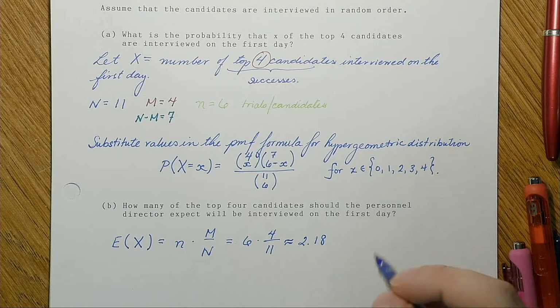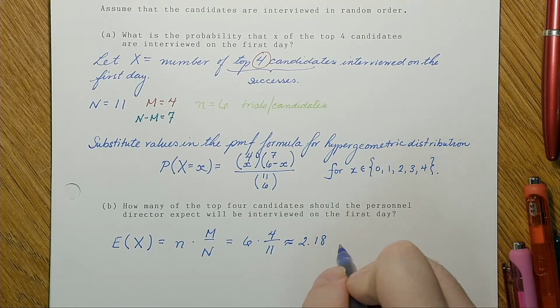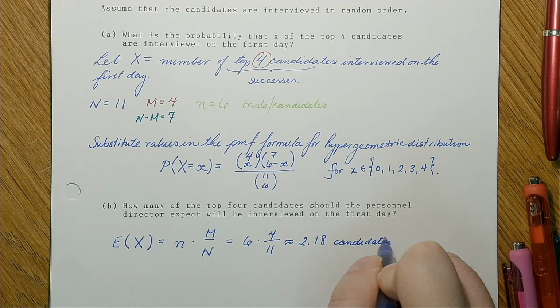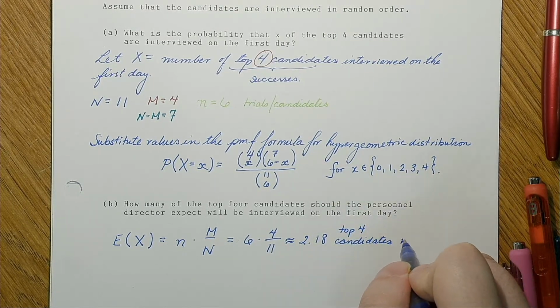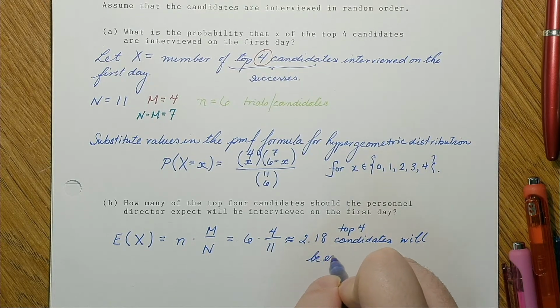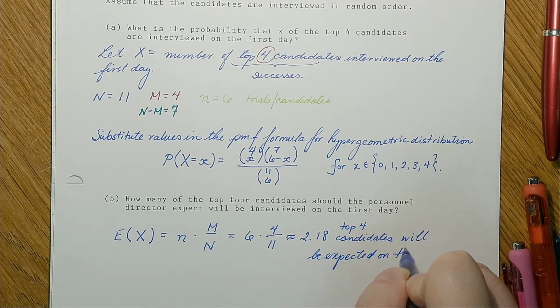So approximately 2.18 of the top 4 candidates will be expected on the first day.